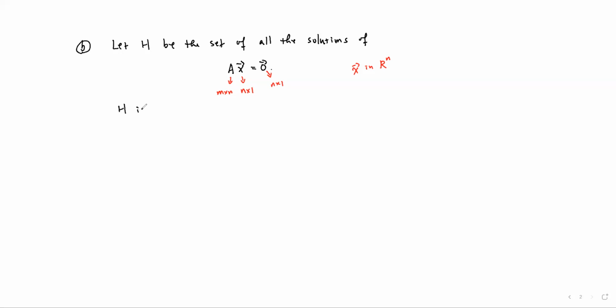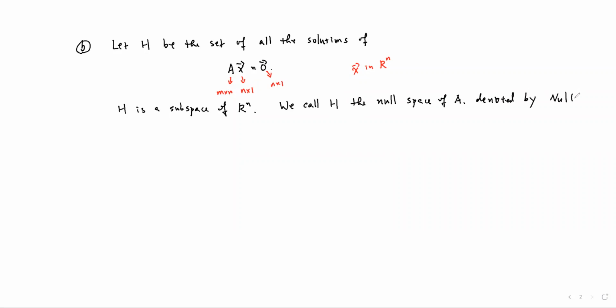This time, H is a subspace of R^n, not of R^m. And we call this H the null space of matrix A. The notation is Nul A.